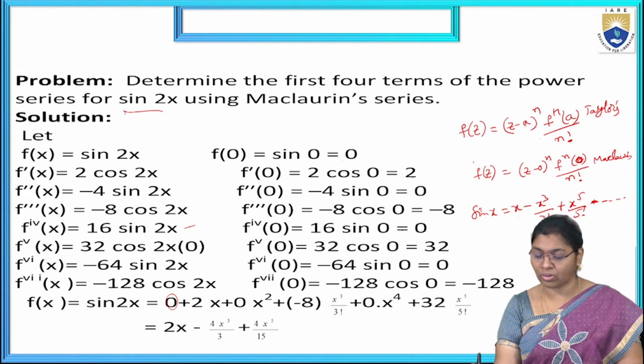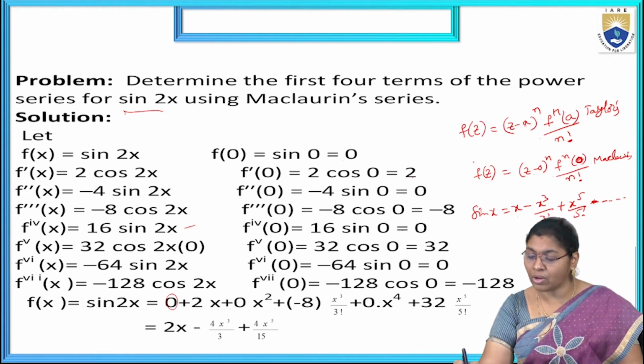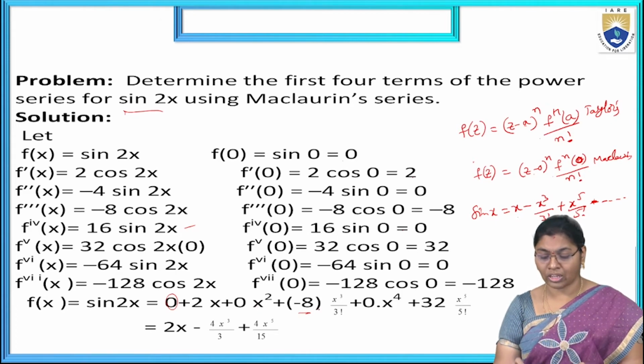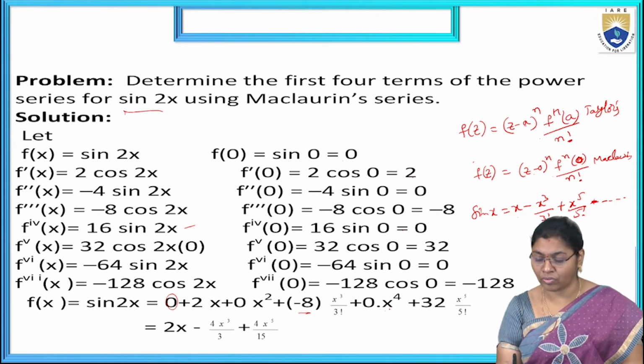Then n equal to 3 means f triple dash, that is minus 8, over 3 factorial. Next term is 0, because the fourth derivative is 0. Next is the fifth derivative, 32.